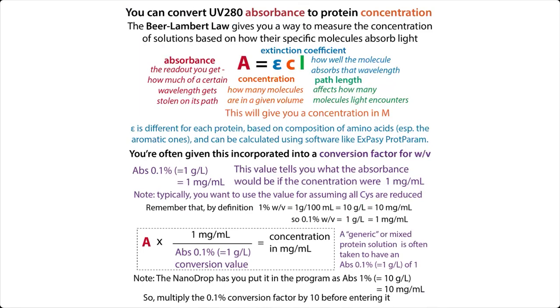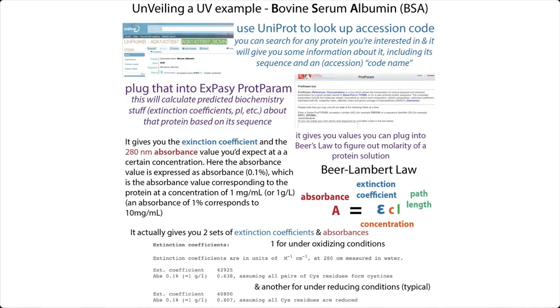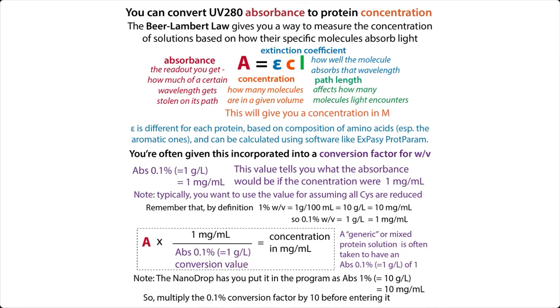If you know the extinction coefficient of your protein, and I'll show you how you can find this out, and you have a pure protein solution, well, then you can go and get the conversion factor for your specific protein. However, if you don't, or if you have a mixed solution of proteins, you can use a generic version that's taken for a mixed protein solution to have an absorbance 0.1%.